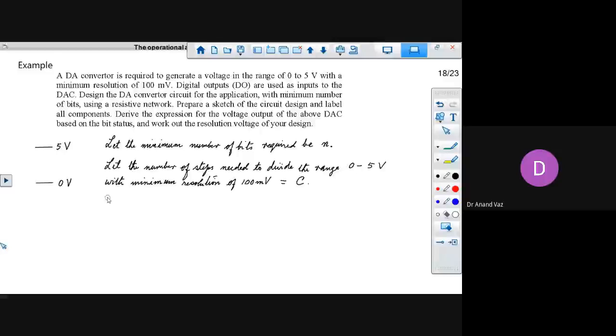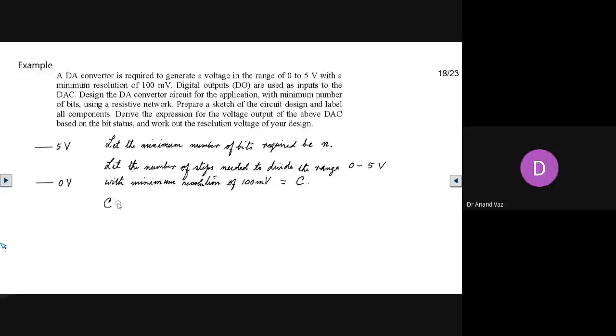So C will be equal to 5 volts, the upper limit, minus 0 volts, the lower limit, divided by the smallest value, that is the minimum resolution, 100 millivolt, which corresponds to 0.1 volt.